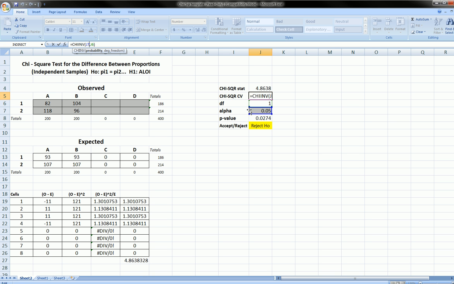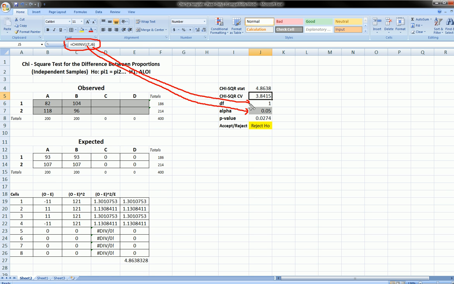That's something you input. So these gray cells are all cells that you have to input from the problem. So usually alpha is 0.05. So the first argument of the CHIINV function is the alpha, and that's cell J7. And the second is your degrees of freedom. Okay? And that'll give you the chi-square critical value.